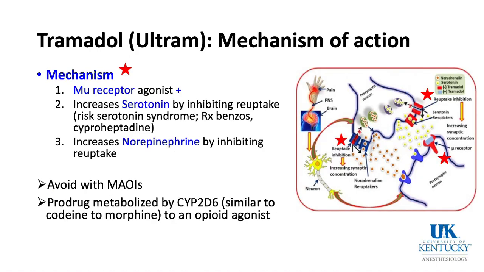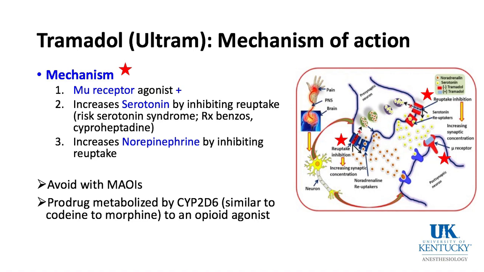Our last keyword is tramadol, or Ultram, and its mechanism of action. Tramadol is a mu receptor agonist like opioids, but it also affects serotonin and norepinephrine levels. Let's look at the graphic on the far right, focusing at that presynaptic neuron and looking at the three red stars.